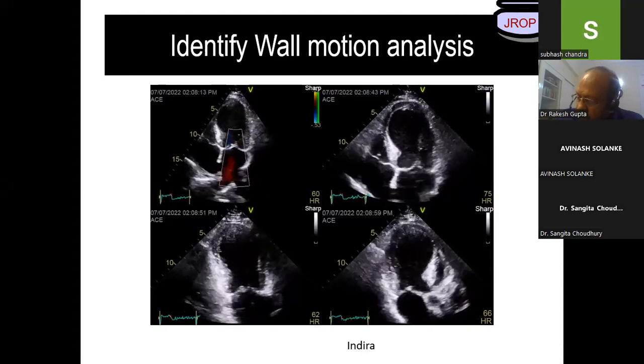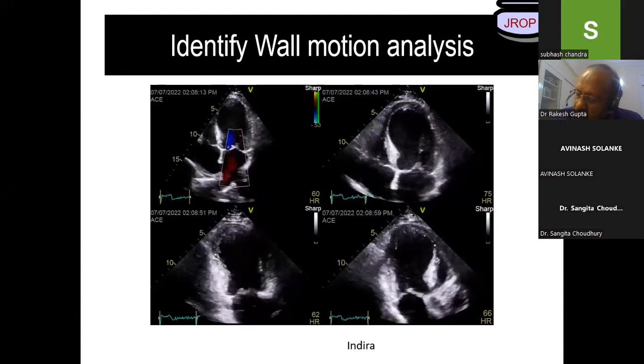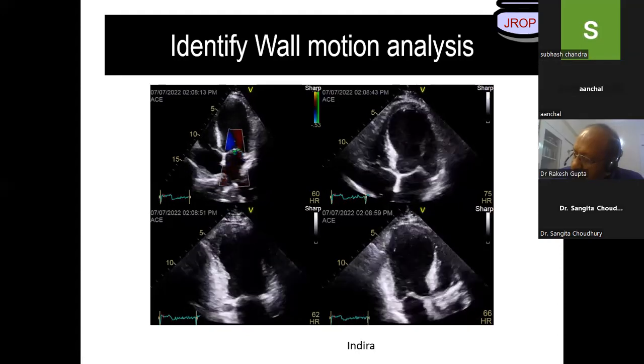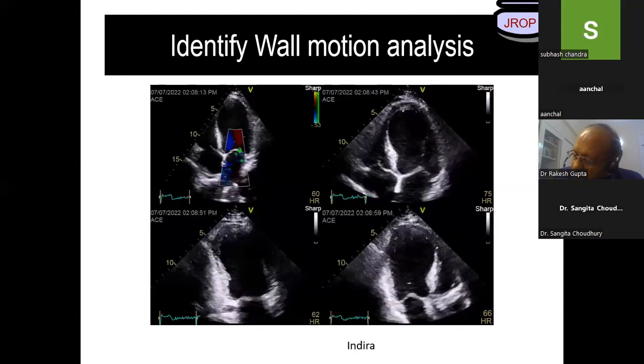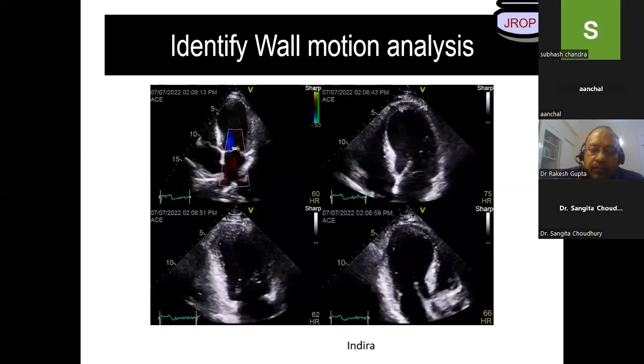So in the apical two chamber, I'm not very sure, but there seems to be reduced wall thickening in the mid anterior wall.